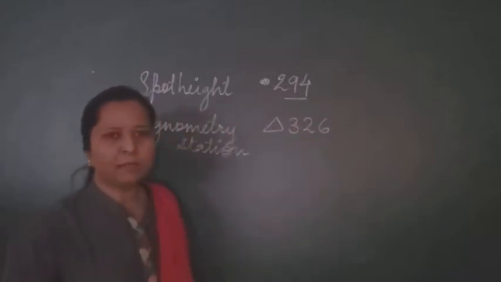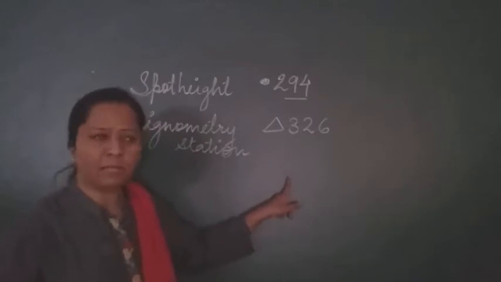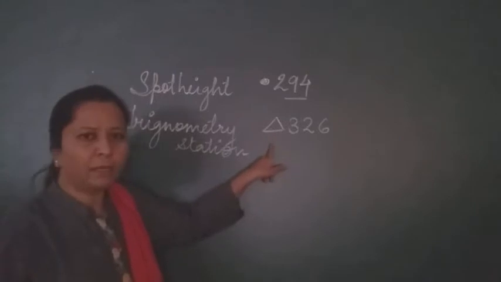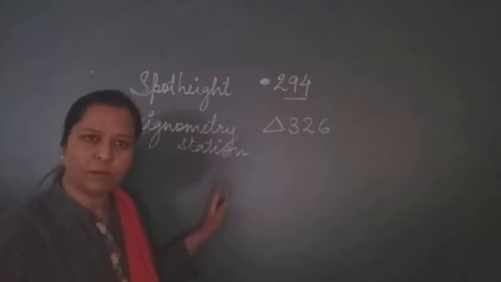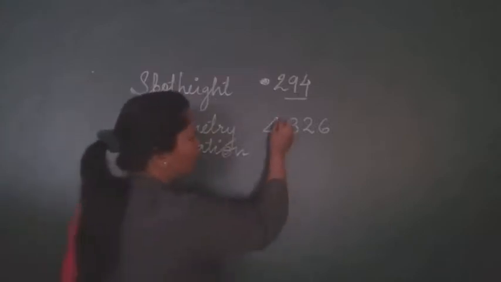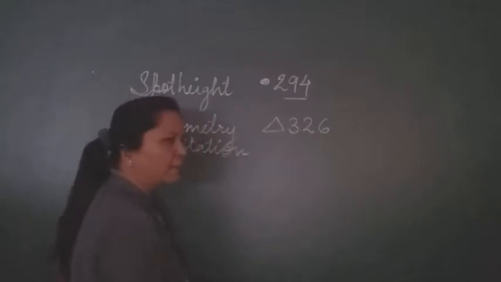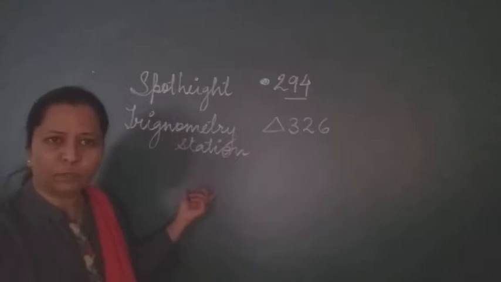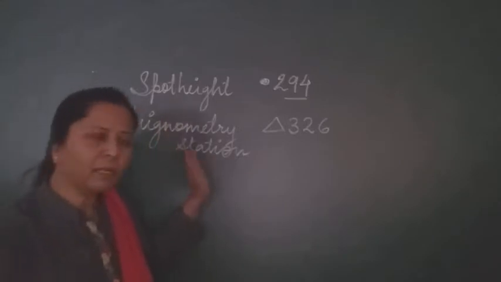It means that the method used to measure the height of that particular place is trigonometry. The trigonometry method is used to measure the height of that place or area, so it is written in the form of a triangle and 326. So this is the second way in which we can measure the height of a particular place. The first one is the spot height and the second one is the trigonometry station.